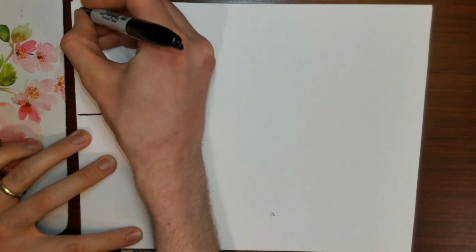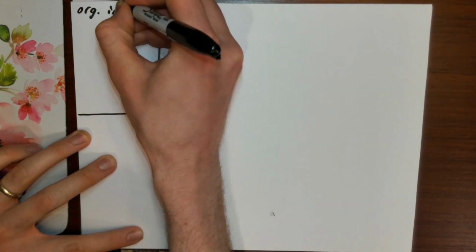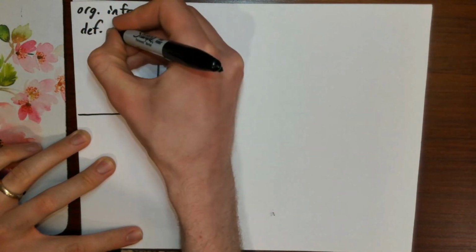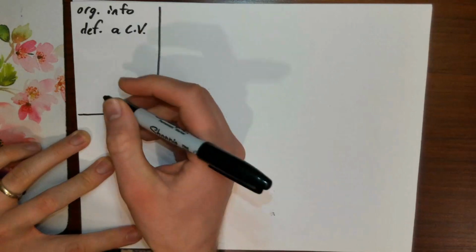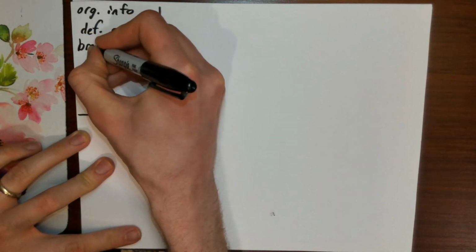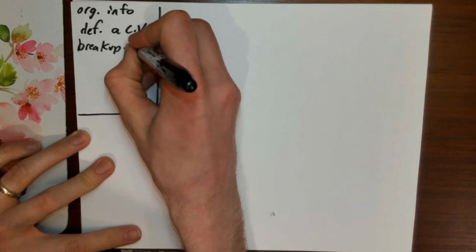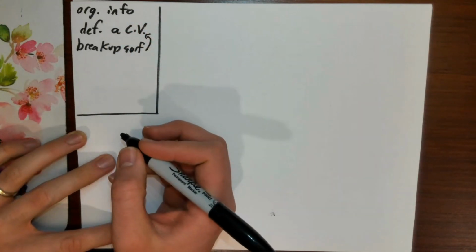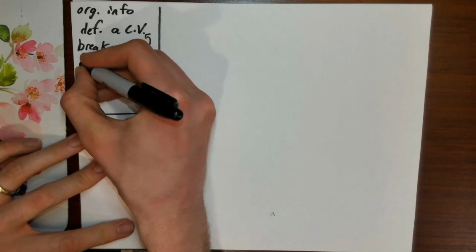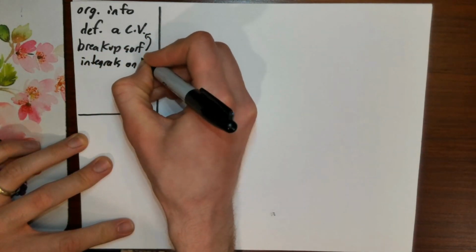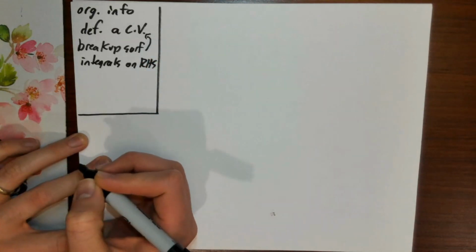First, we're going to organize our problem info. Then we're going to define a control volume. Then we're going to break up the surface of our control volume into pieces. Then we're going to do integrals on the right-hand side of the conservation of mass equation.